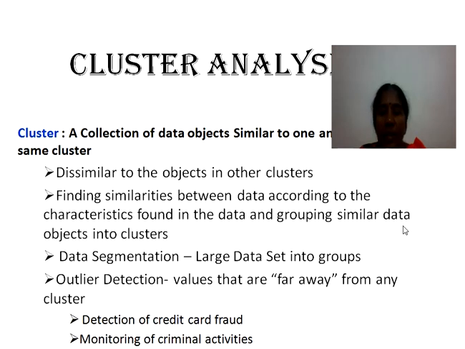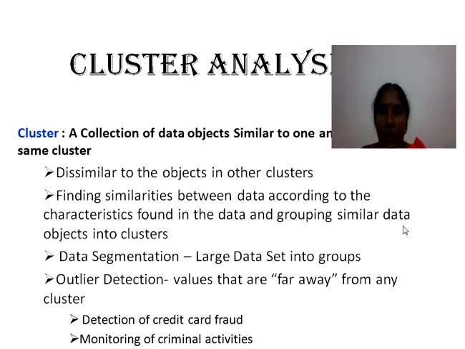In scientific applications, large data sets need to be partitioned into smaller groups. So there is also a clustering concept applied, called data segmentation. But in our daily life, outlier detection is one of the important uses today. Outlier detection is one of the functions found by using cluster analysis.